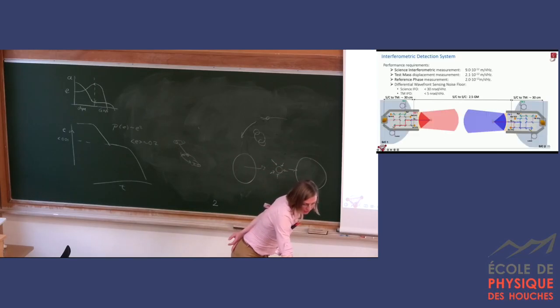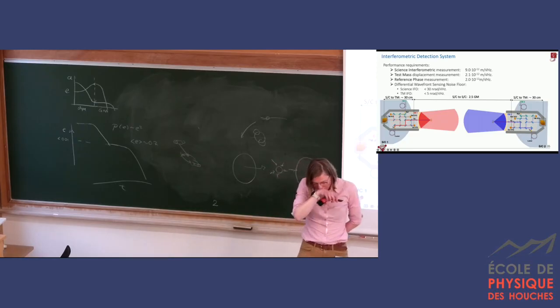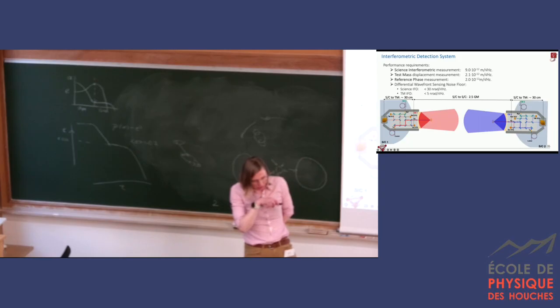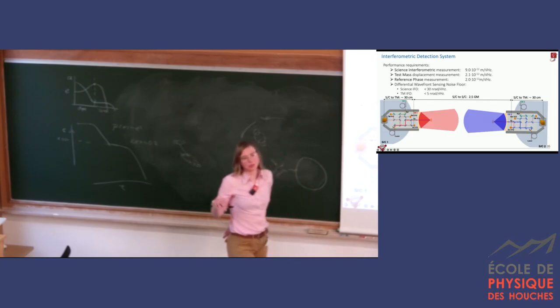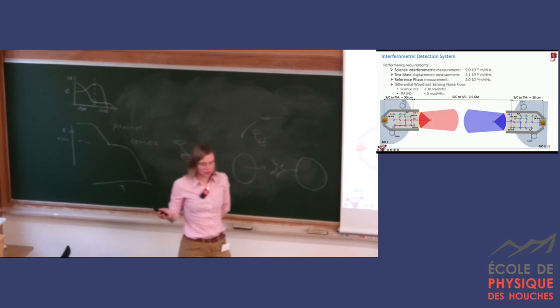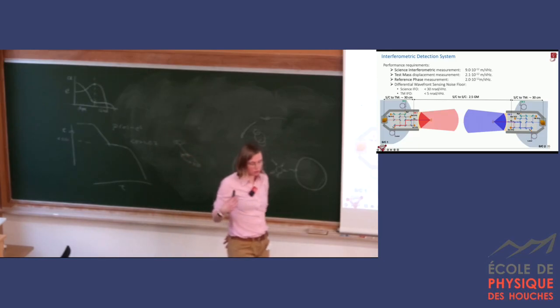Now I wanted to talk a little bit about the noise. This is just to show you what kind of requirements we are facing in the interferometric detection system. We have a noise floor of 9 picometers, so we cannot add more than 9 picometers. We have noise floors of 2.1 picometers and 2 picometers respectively in the test mass and reference interferometers.